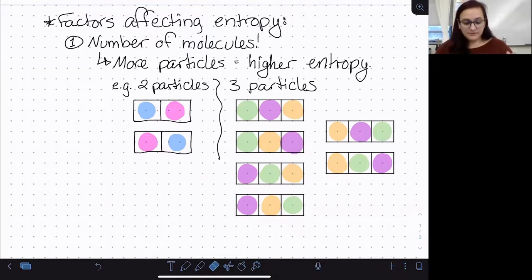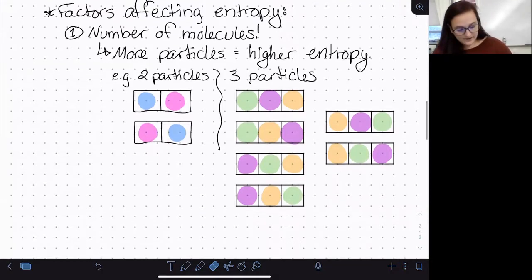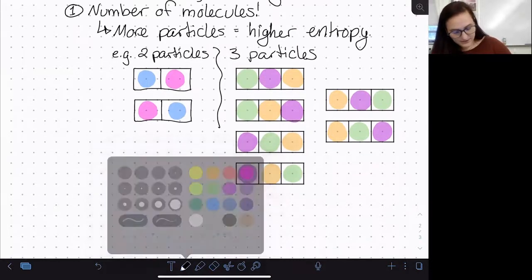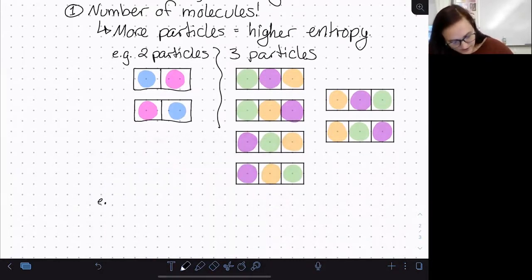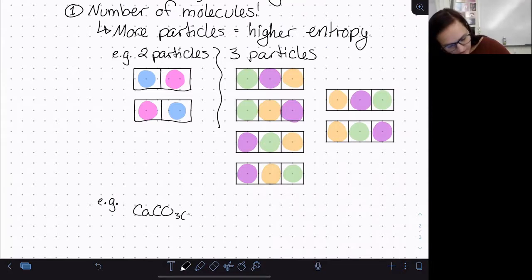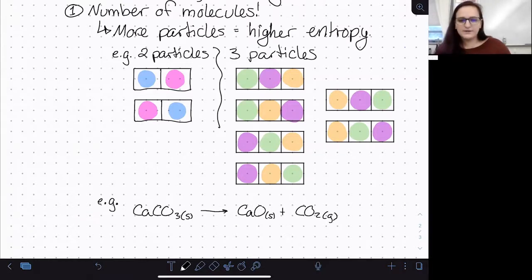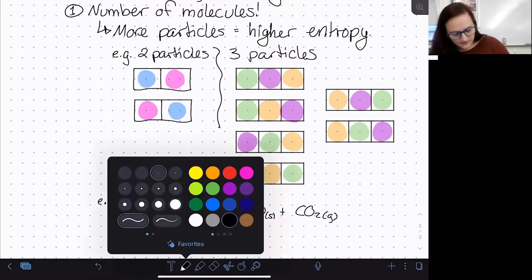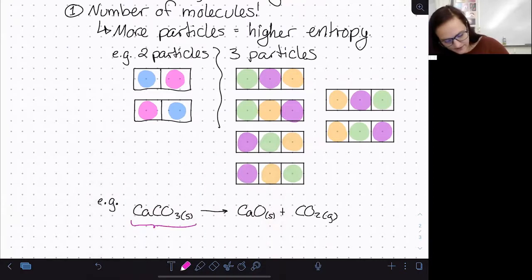So for chemical reactions, we can see this in a few examples. We can assess, just based on how many particles, how many molecules are on each side of our reaction, whether we expect the entropy to increase or decrease. So for example, we can have calcium carbonate reacting to form calcium oxide and carbon dioxide. In this one, on the reactant side, we have only 1 particle, 1 molecule.